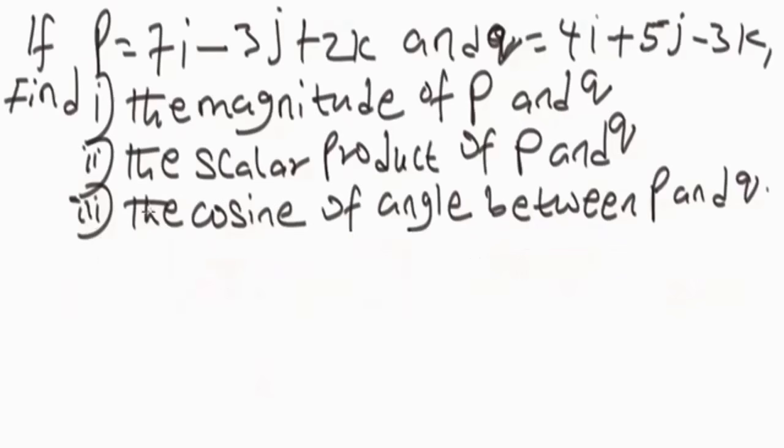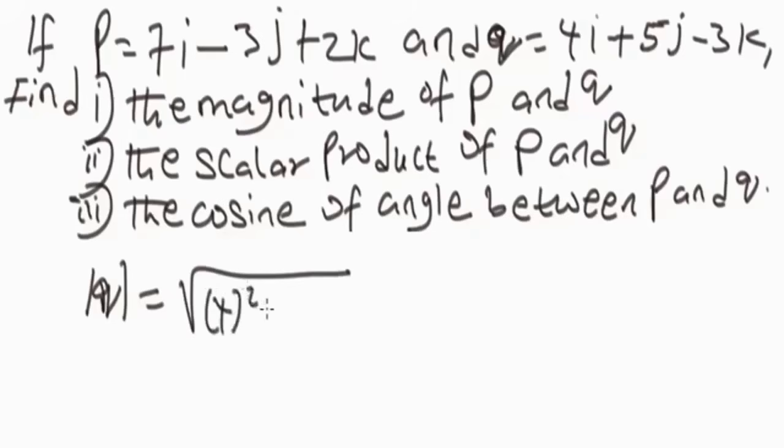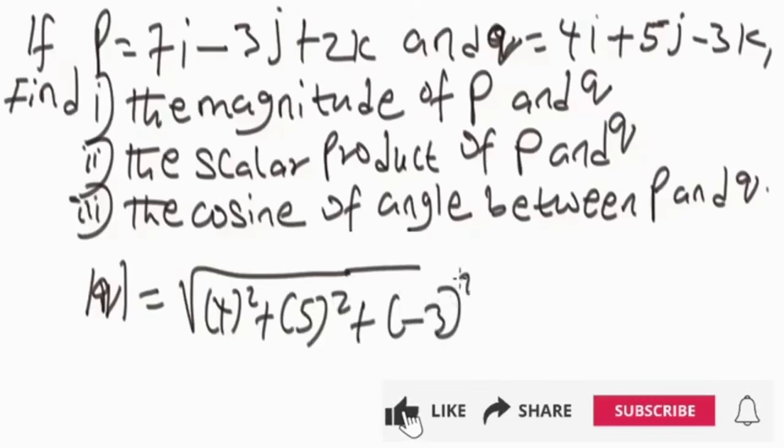Okay, so the magnitude of vector Q will be square root of 4 squared plus 5 squared plus minus 3 squared.